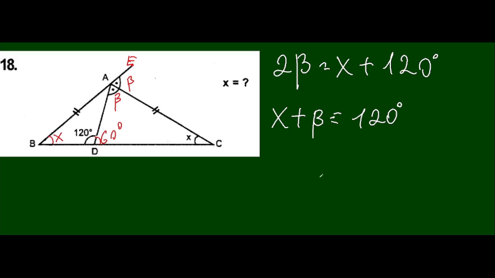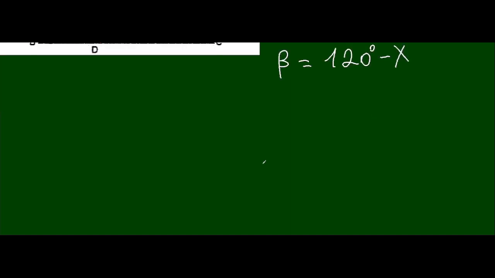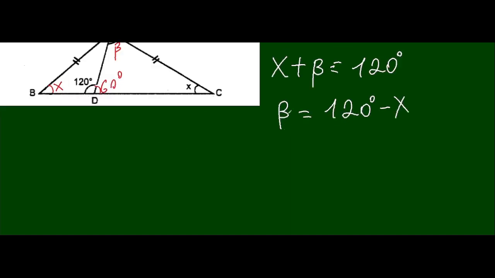So we can here find out beta will equal 120 minus x, and we can just multiply by 2 both sides, and it will be 2 beta will equal 240 degrees minus 2x, yeah?